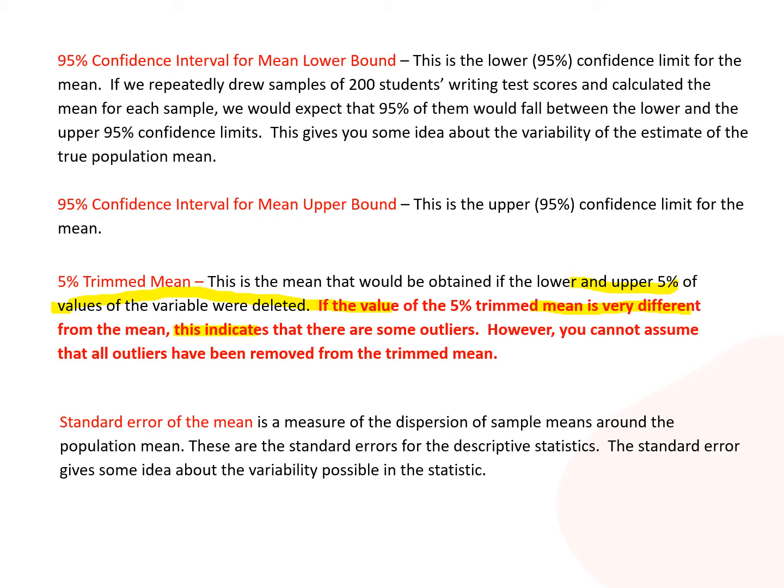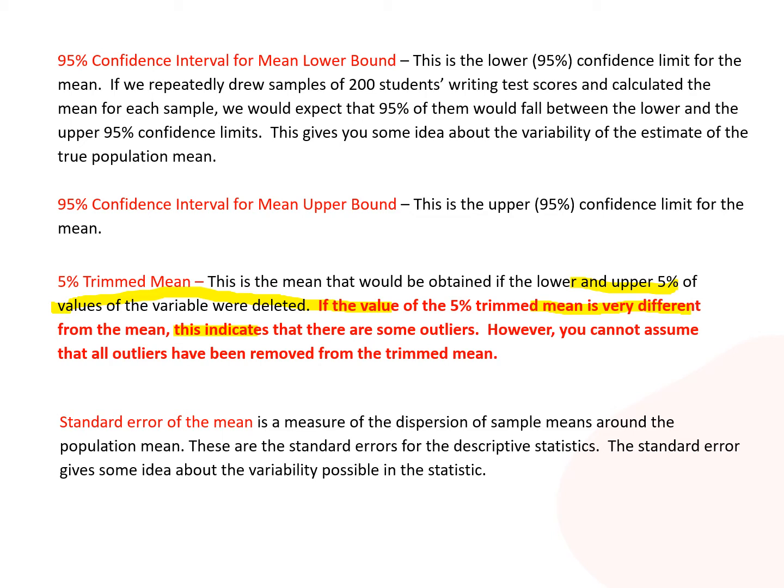So you can actually compare the result of your mean to your 5% trim mean. Now, if the values are very far from each other, there is a big difference, okay? When it comes to the values of your 5% trim mean and your mean, it indicates the presence of outliers.